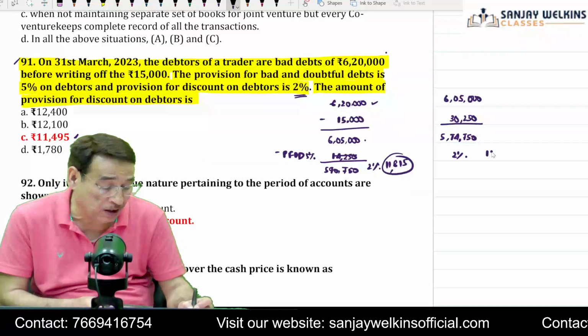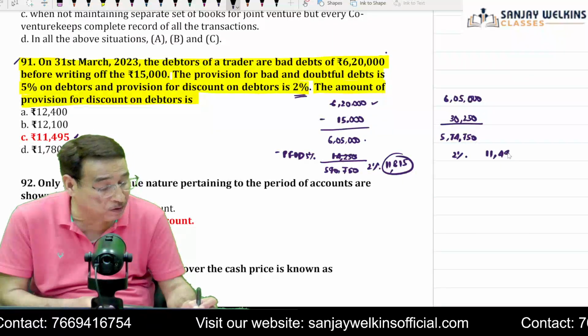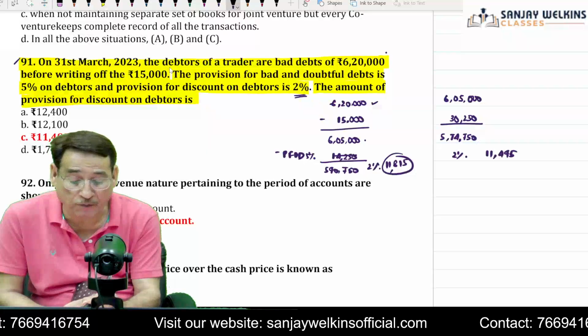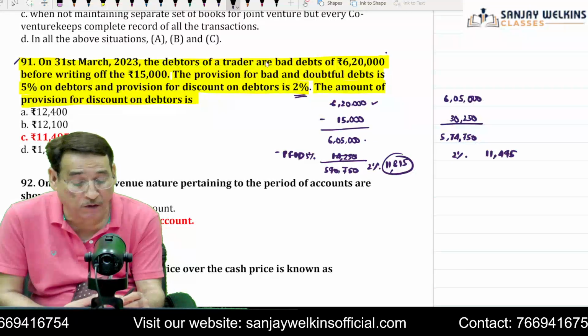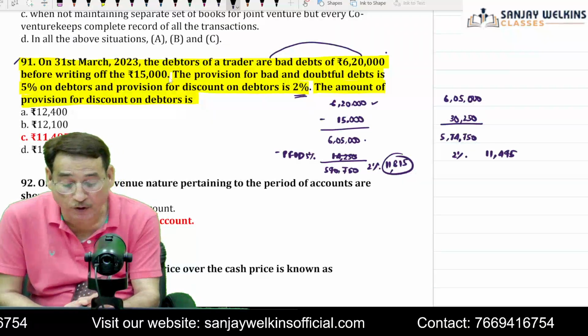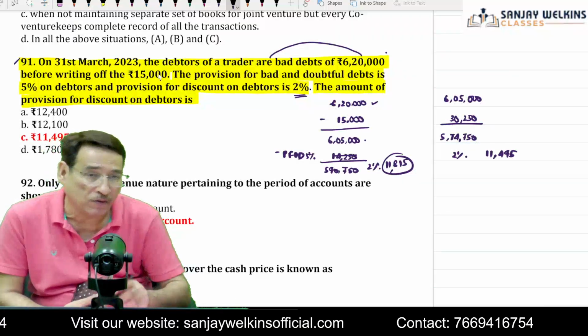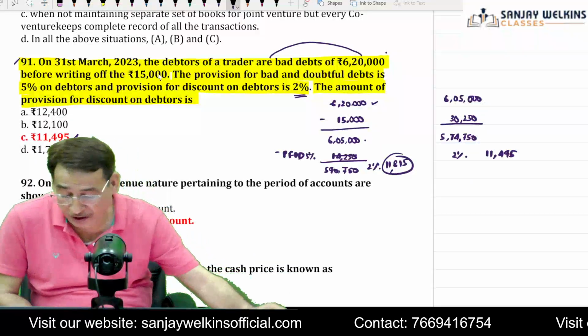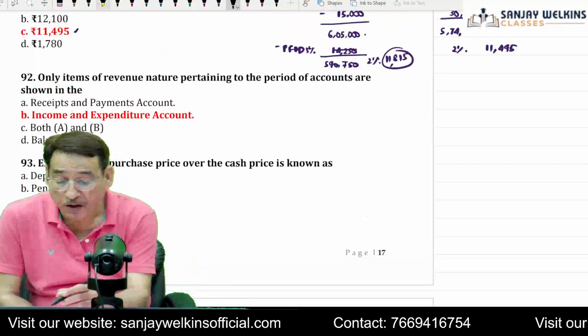Yes, it is coming 11,495. But read this sentence as follows: On 31st of March 2023, debtors of a trader are 6,20,000 before writing off bad debts of 15,000. You have to read it this way around, correct? So 11,495, otherwise it is the correct answer.